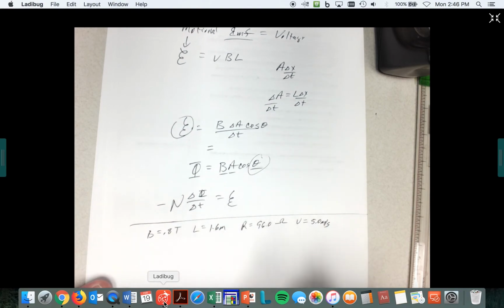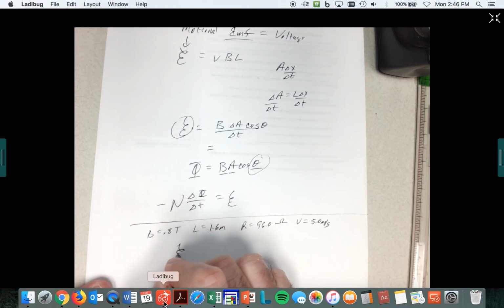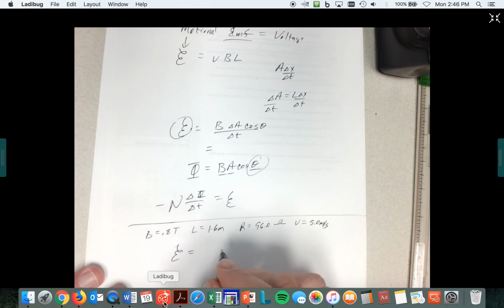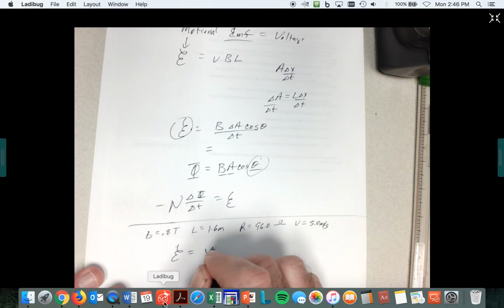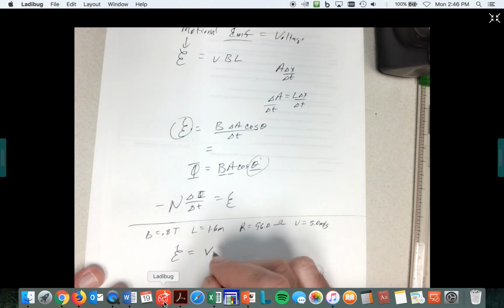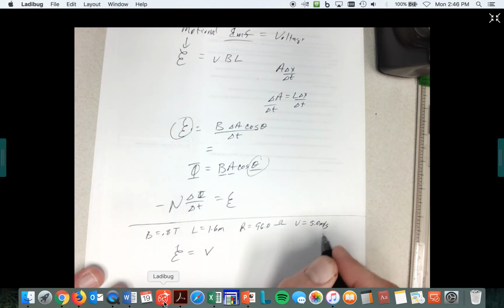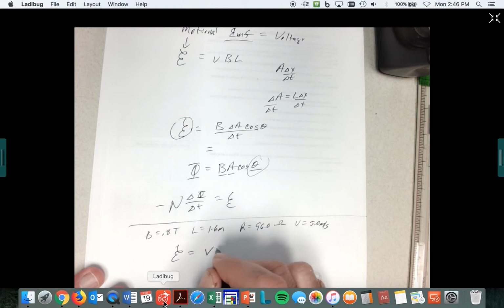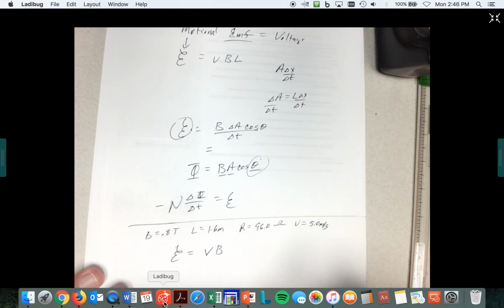So here we go. The motional EMF would equal V times B times L, because there's no N in there, because there's only one loop. It's equal to the speed, which is 5 meters per second, times B, which is 0.8.